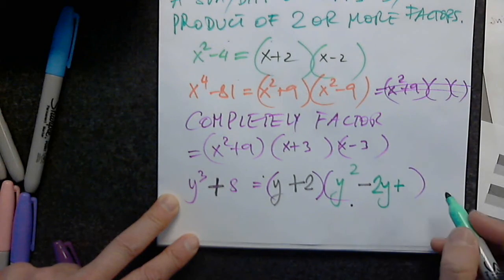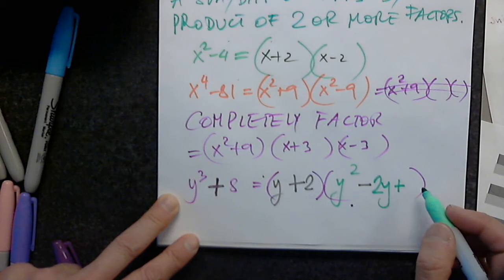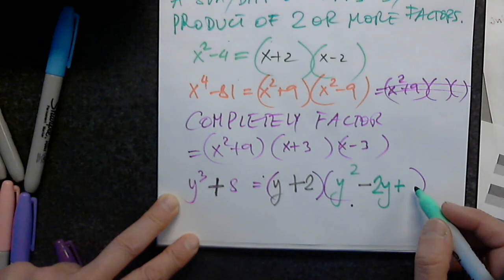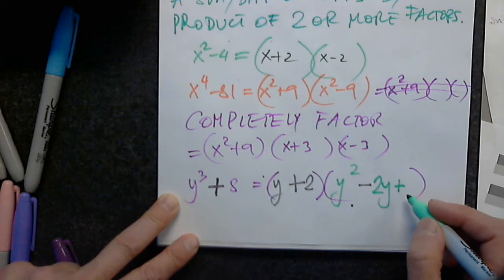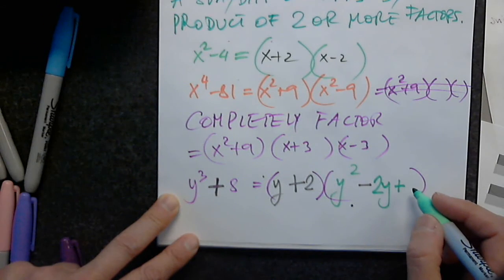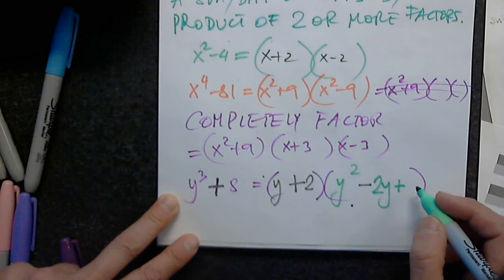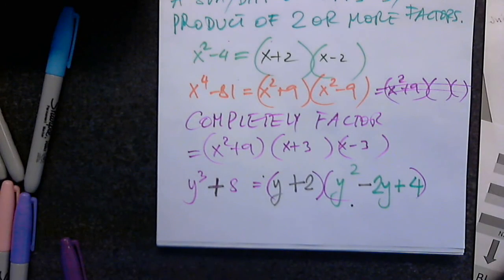Good. Plus the second term squared. 2 squared. I can't write 2 squared, I have to write 4. Any questions? We're going to do a lot more than just this one.